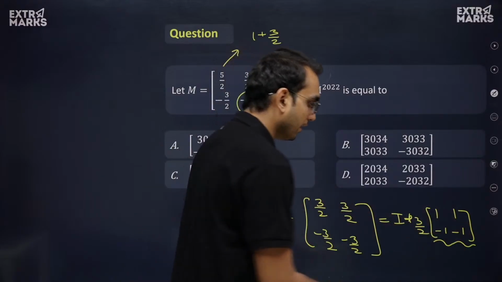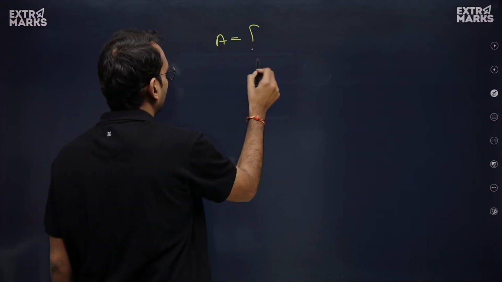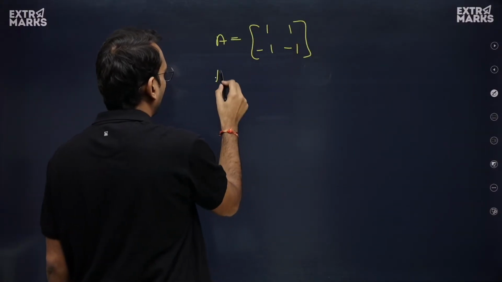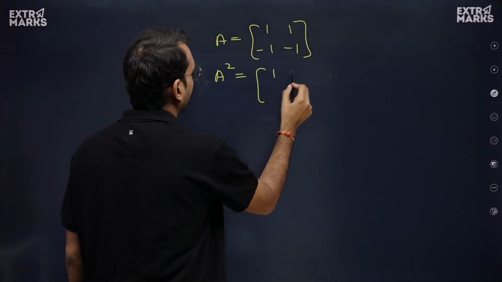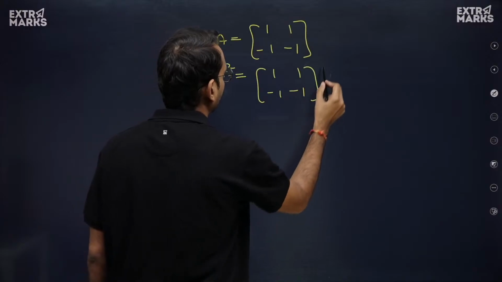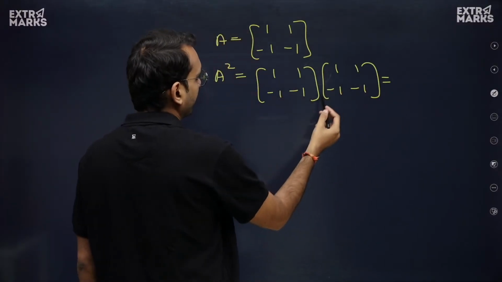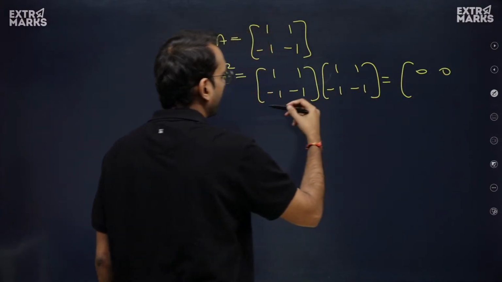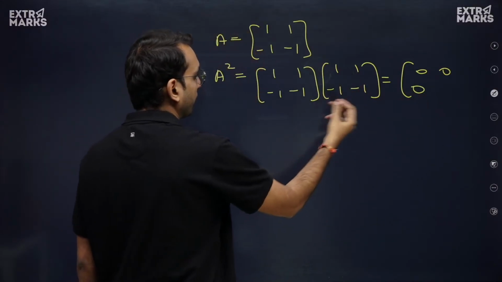Now let's say this is A. So A, we have assumed this as 1, 1, minus 1, minus 1. So what will be A square? Let's see. A square will be 1, 1, minus 1, minus 1 times 1, 1, minus 1, minus 1. So 1 minus 1 will be 0, 1 minus 1 will be 0, and minus 1 plus 1 will be 0.